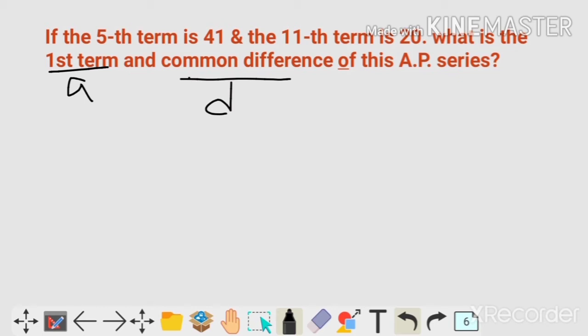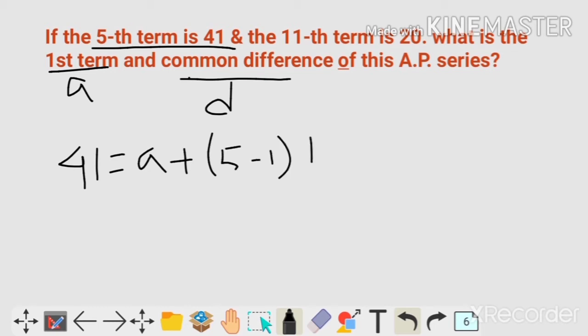So as the fifth term is 41, we can write 41 equals A plus 5 minus 1 into D. That means 41 equals A plus 4D.